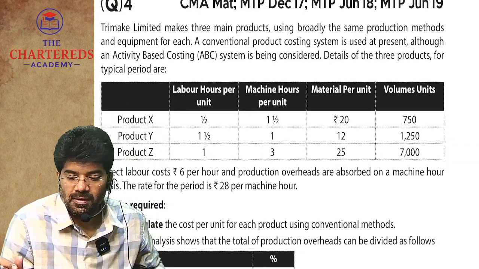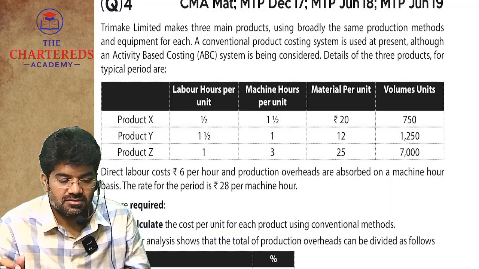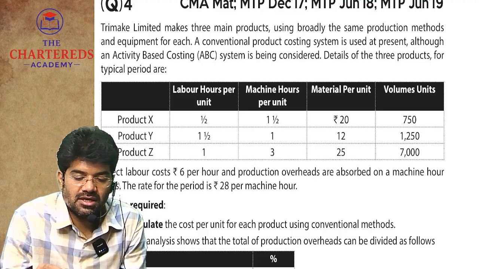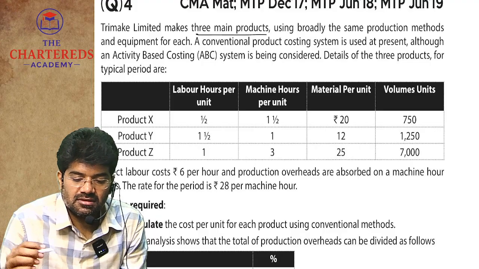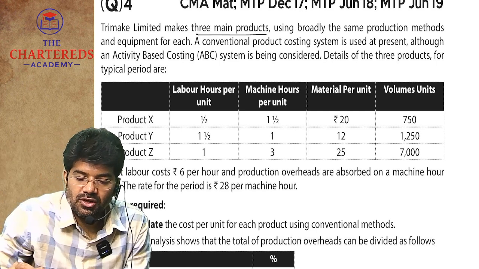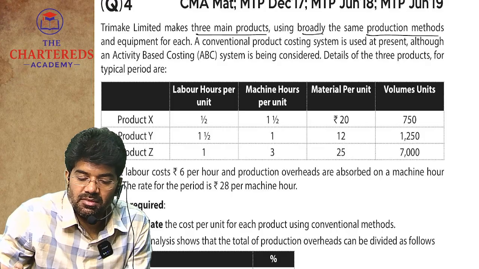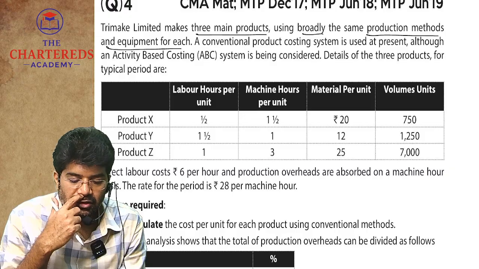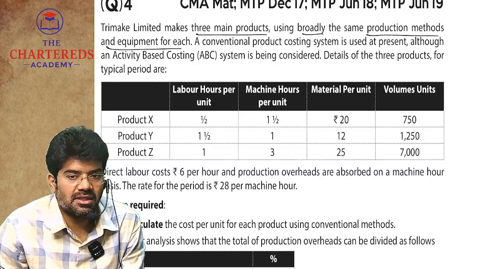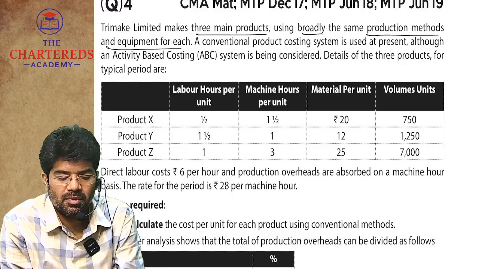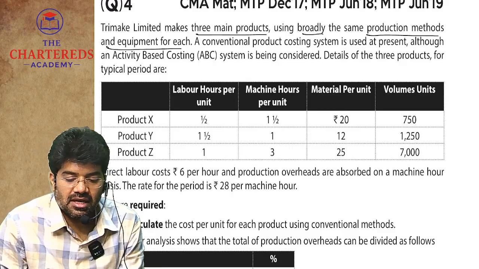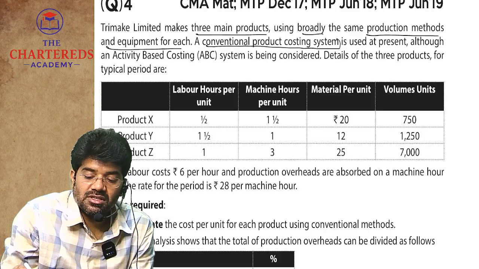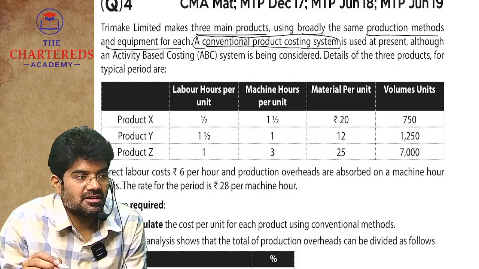Question number 4. Trim Make Limited makes 3 main products. They are making 3 products using broadly the same production methods and equipment for each. So for every product, they use the same production methods and the same equipment. A conventional product costing system is used. What is this conventional product costing system? Nothing but traditional.